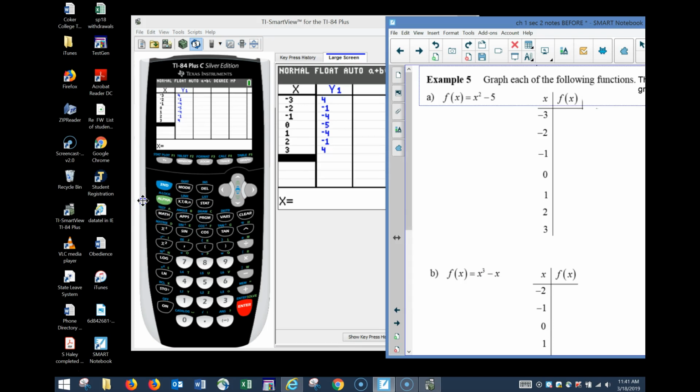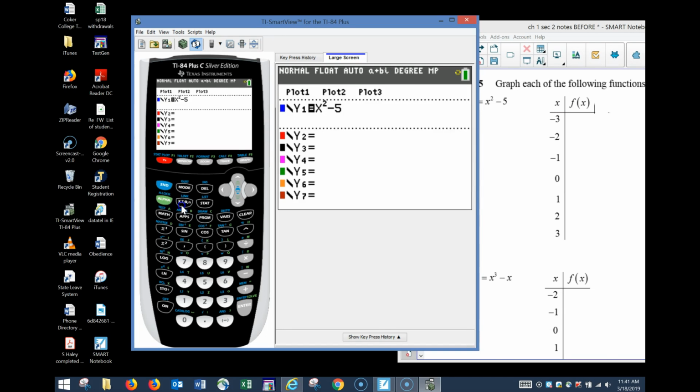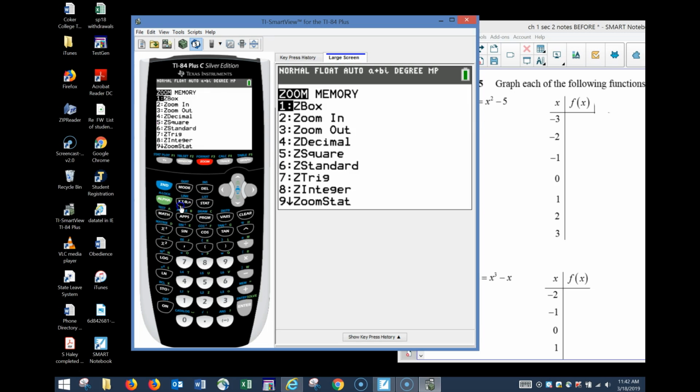Now, if we wanted to graph it, the basic way we will graph is again to have typed in what you want to graph. So we've got that typed in, and then zoom, the zoom button right there, and we will always start every new graph on the standard shot of it.